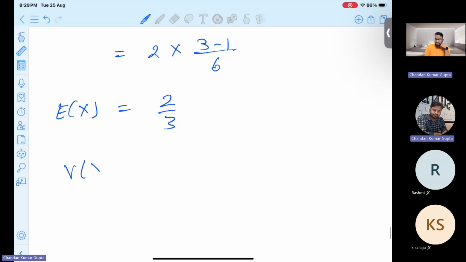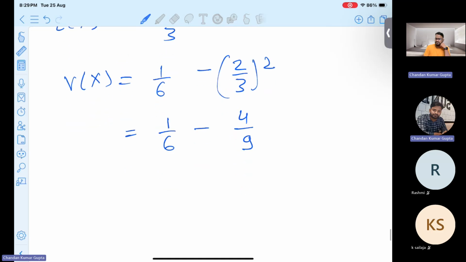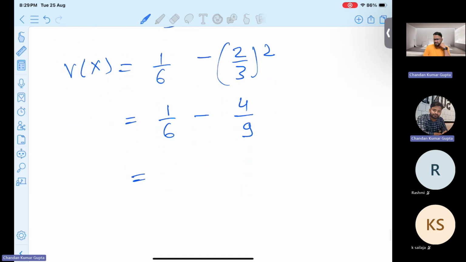Now, variance of x is the expectation of x square, which is 1 by 6, minus the expectation of x whole square, which is 2 by 3 whole square, which is 1 by 6 minus 4 by 9. We may have calculated something wrong.